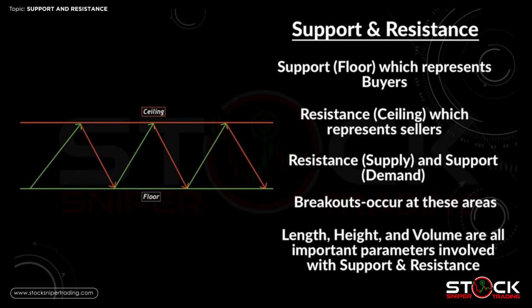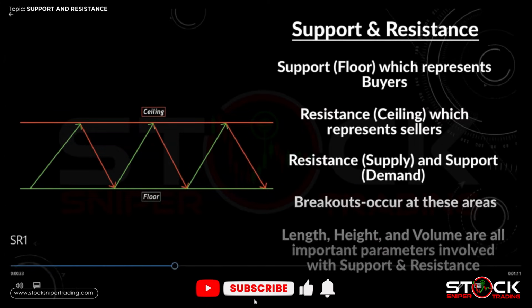Support is a price level that the price will not fall below, whereas resistance is a price level that the stock cannot seem to rise above. The longer these levels hold and become stabilized, an eventual breakout or breakdown will occur.